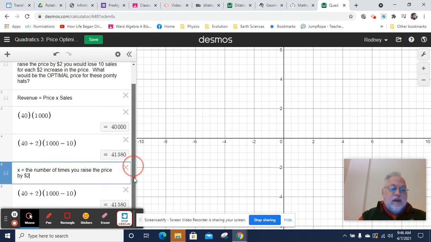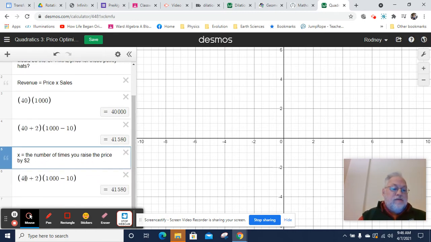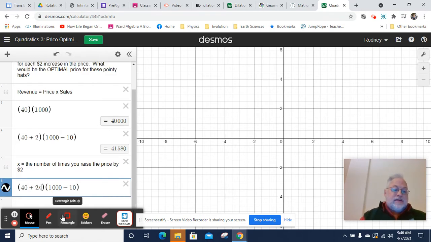So we can go ahead and plug that in. It's going to be $40 plus $2 times X, because X is going to be the number of times you raise the price. But every time you raise that, it's also going to cause you to lose 10 sales. So this over here is the sales equation: 1,000 minus 10 sales lost for every single time you raise the price.